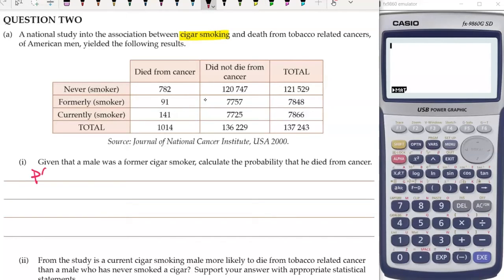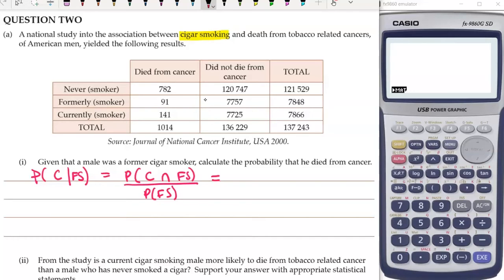Okay, so the probability that they died from cancer, given that they were a former smoker, is the probability that they died from cancer and were a former smoker, divided by the probability they were a former smoker.